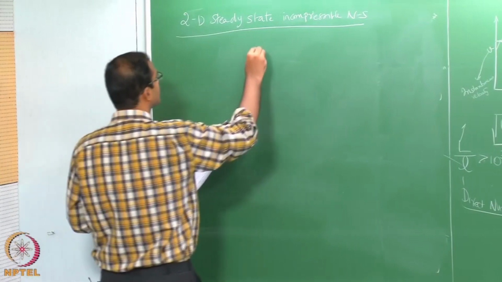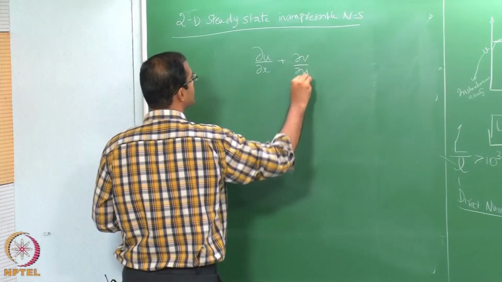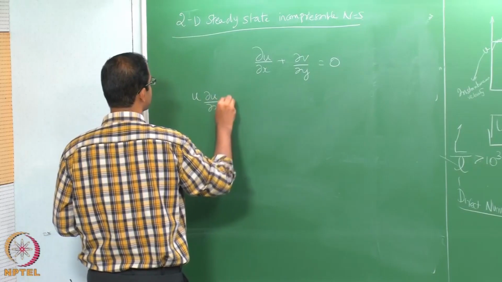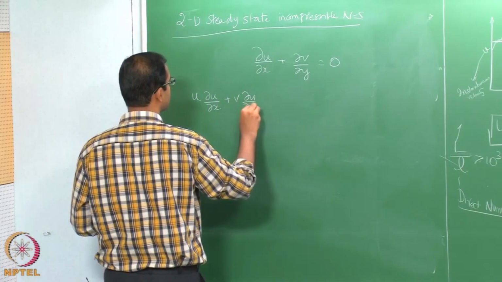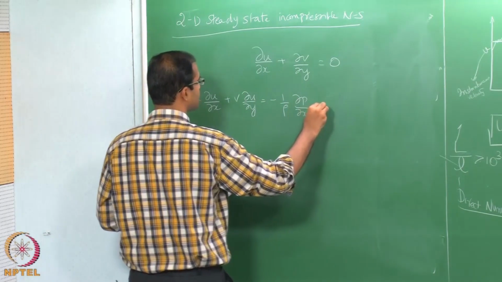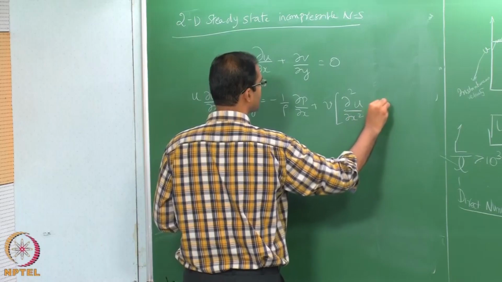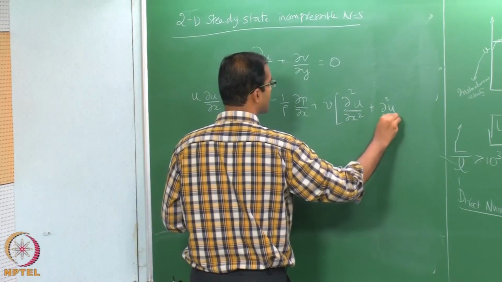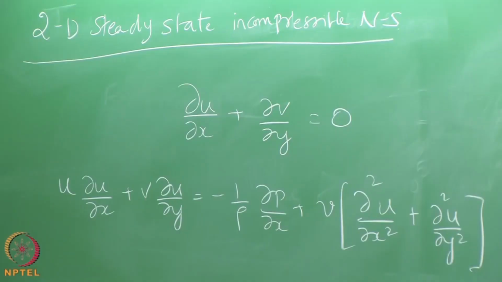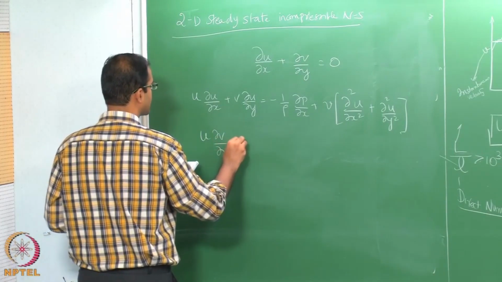First is the continuity, all in dimensional form, then the x momentum. We are writing this only for forced convection right now, without the body force term, but later on you can also derive this for the natural convection case.